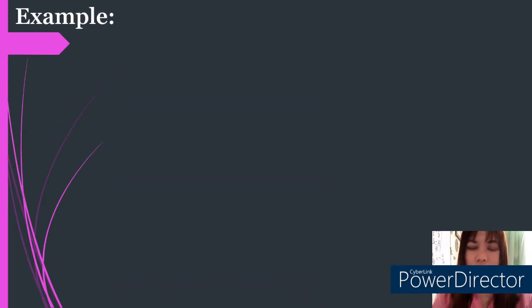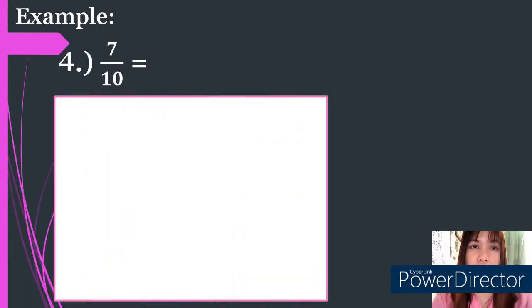Now, we have example number 4. We have 7 tenths. We are going to change 7 tenths to decimal form. So, we always remember how we read it. We have 7 tenths. We write it the same way into decimal.